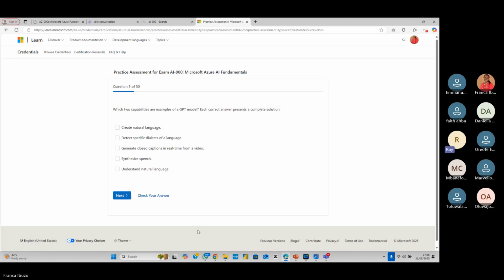Which two capabilities are examples of a GPT model? Each correct answer presents a complete solution. So I think I'll go for create natural language and understand natural language. Okay, you said create natural language and understand natural language.